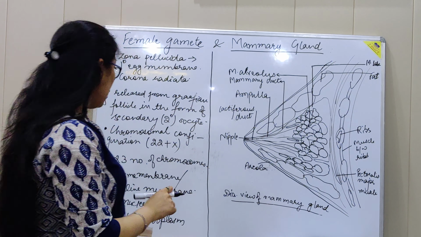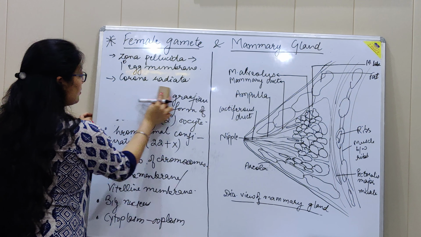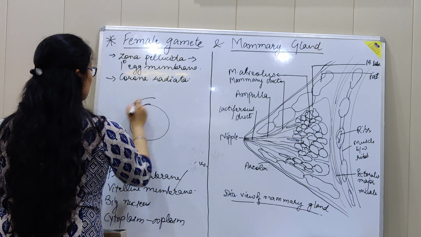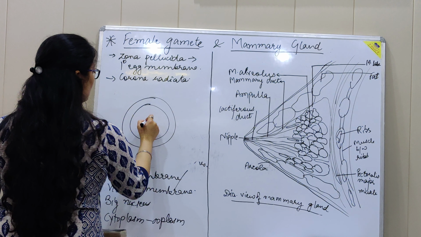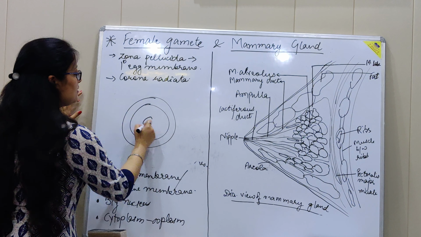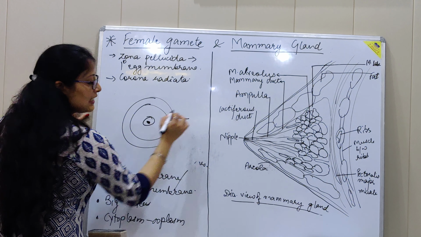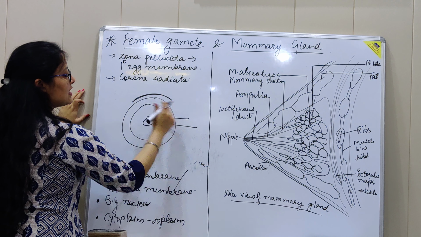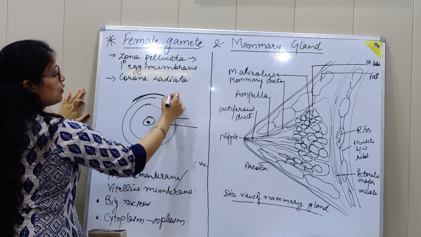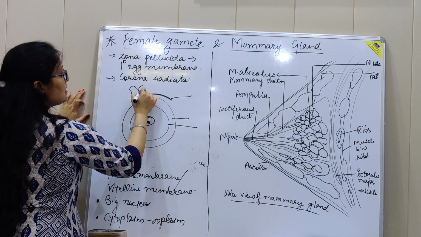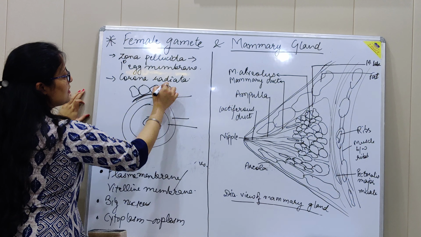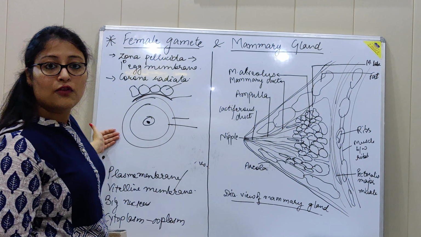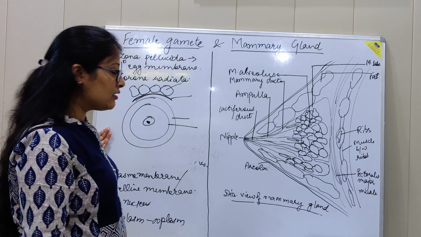If we discuss the structure of female gamete, it is in this way. Distinct nucleus, perivitelline space, outside this is vitelline membrane, perivitelline space. This is known as zona pellucida, and here a layer of cells, cellular layer, that is known as corona radiata. This is the structure of human female gamete.